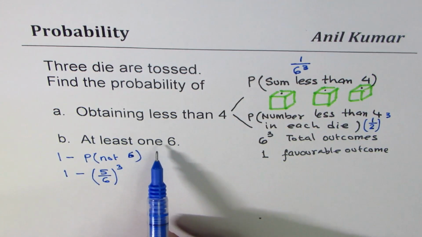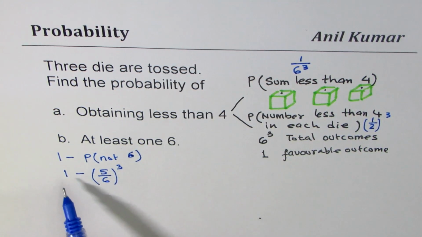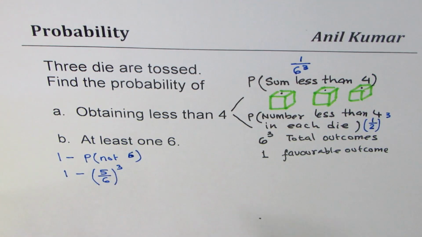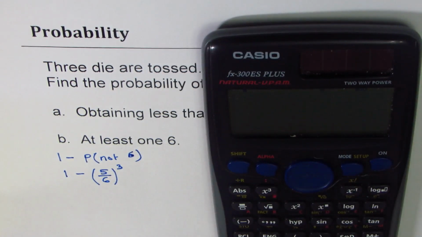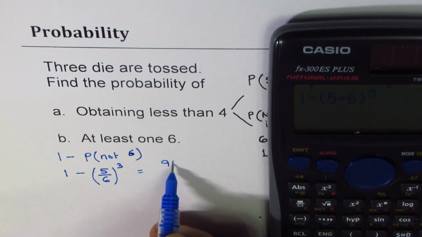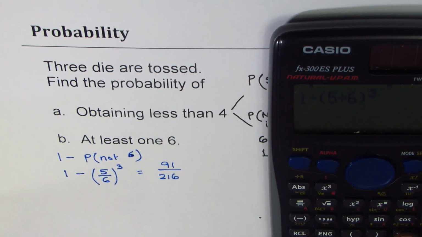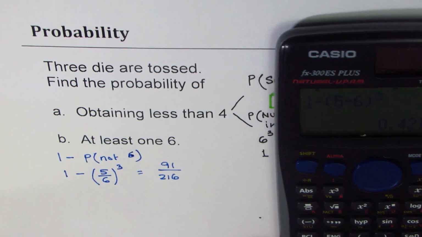So not getting 6 means getting all other numbers. Is it okay? So the probability is 1 minus (5/6) cubed, and that gives you 91 over 216.